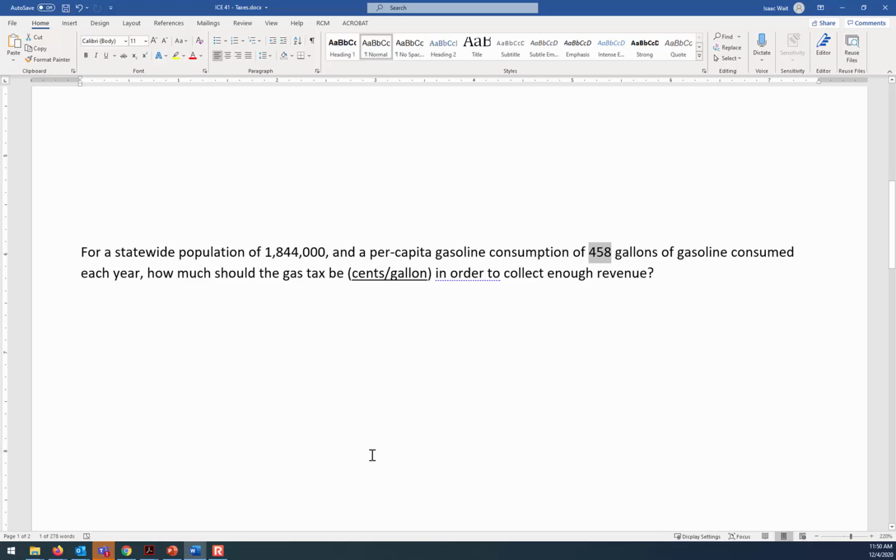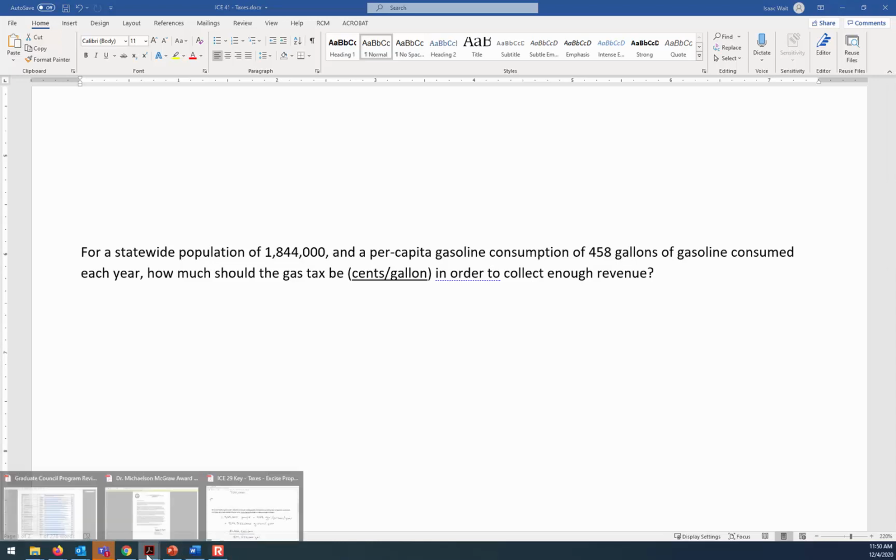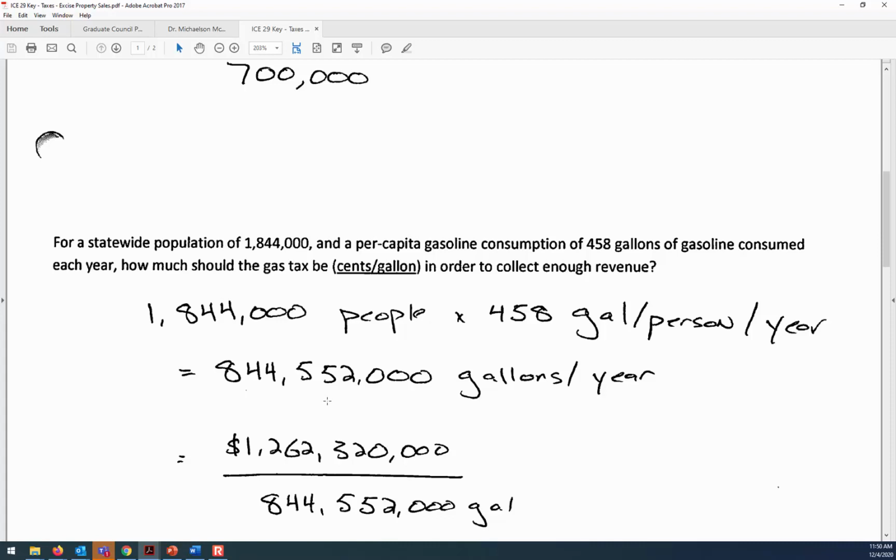So what we're going to do is find out the number of gallons burned each year in the state and find out how many cents per gallon we have to collect to generate the revenue. Let me just show you the calculation, and this will be our last thing.